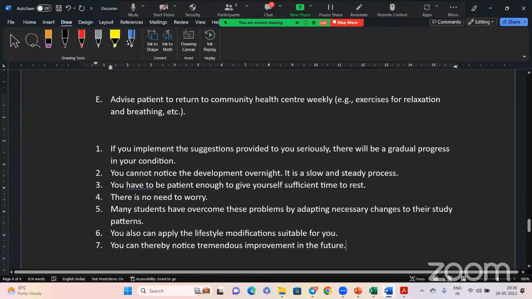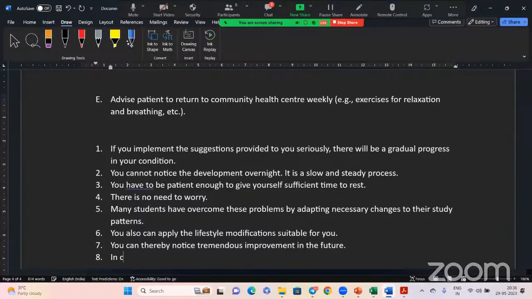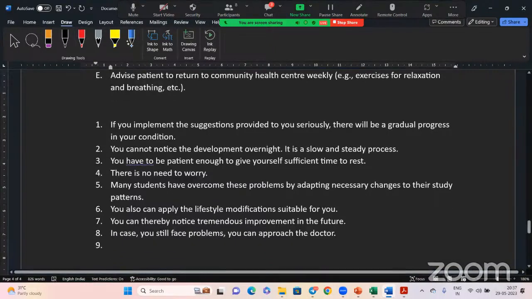Now, in case you still face problems, you can approach the doctor. Right.